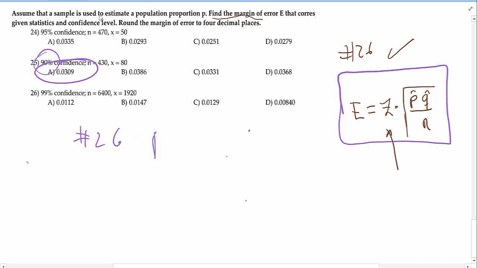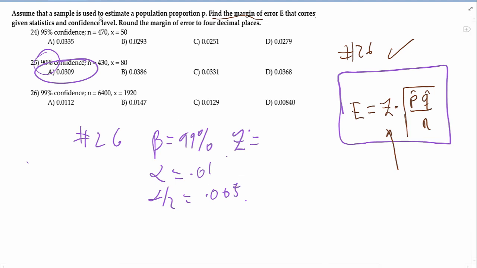For a confidence level of 99%, the z-value, which is later called the critical value, how do we calculate that? Remember, if there is 99% confidence in between, the tails, called alpha, are 0.01, 1%. Half of that is 0.005.